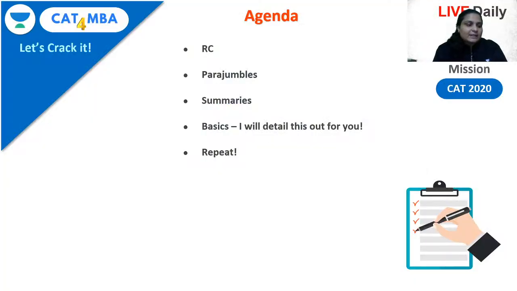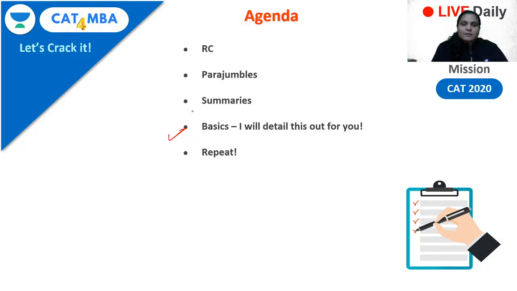With that, the agenda for today is, can I please know who all are there in the class? Kaun hai? The agenda for today is we'll do RCs, we'll do para jumbles, we'll do summaries and basics. This part I'll let you know. So basically RC, para jumbles and summaries, CAT 2021 के course में यही तीन basic चीजें हैं.